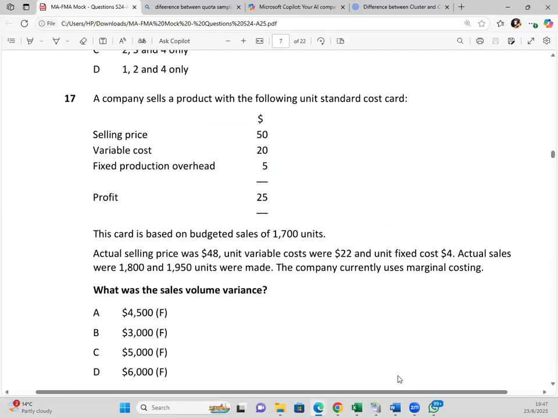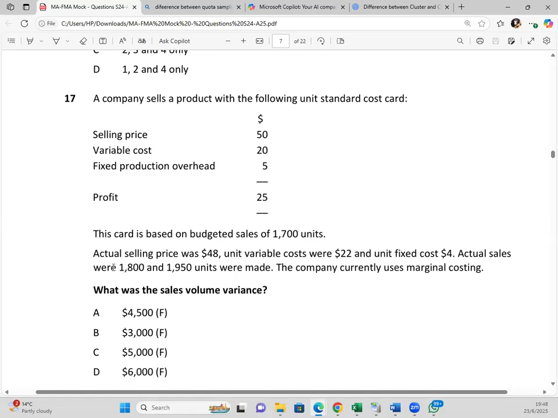How many units did we actually sell? The units sold are here. Actual sales, we're dealing with sales.